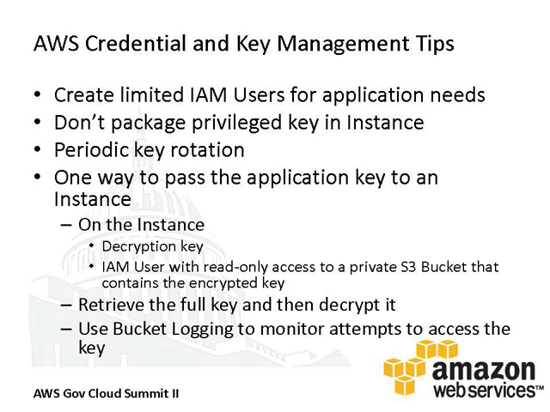There's also techniques, one example in terms of how you might pass an application key: on the instance you might keep only a decryption key, and an IAM user that has read-only access to a particular bucket. It can read that bucket, and all it can pull down is a file that contains your actual secret key in an encrypted format. You can then use the decryption key stored to decrypt it.